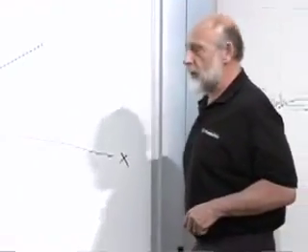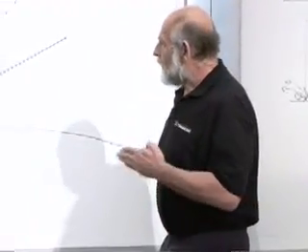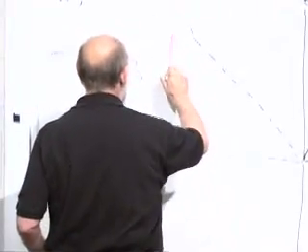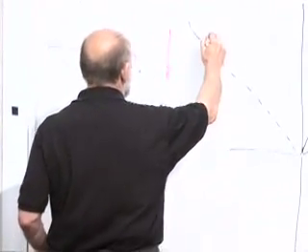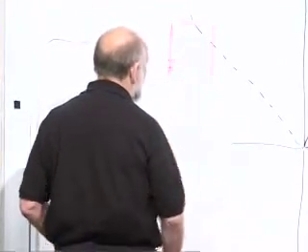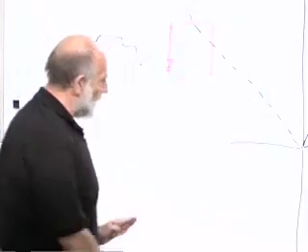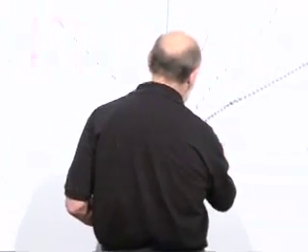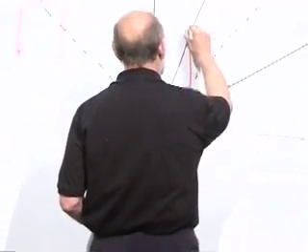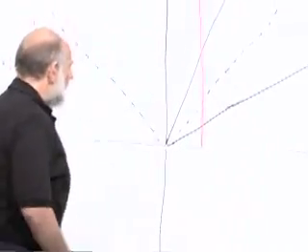Now let's draw in the garage. Let's call it the front end. This is the front end of the garage and the back end of the garage. The front end of the garage stands still in our frame of reference, and that means it looks like a vertical line. The same is true of the back end of the garage.